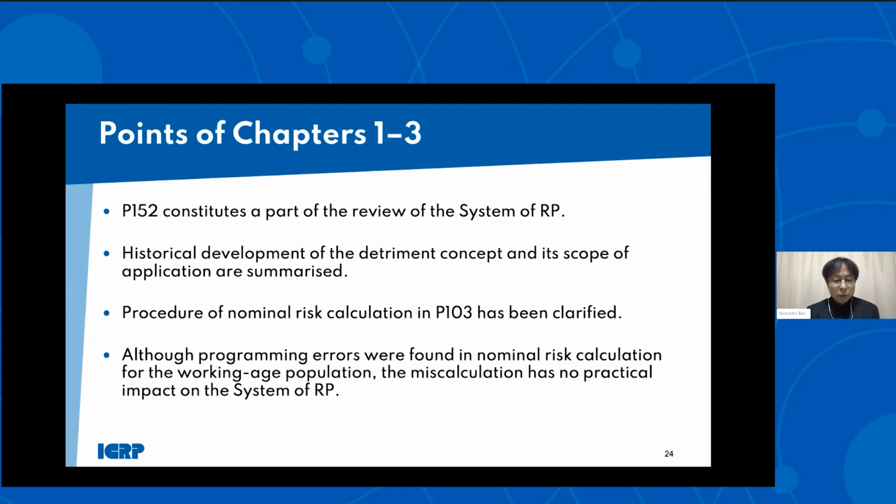The procedure of nominal risk calculation in Publication 103 has been clarified. Although programming errors were found in the nominal risk calculation for the working age population, the miscalculation has no practical impact on the system of radiological protection.